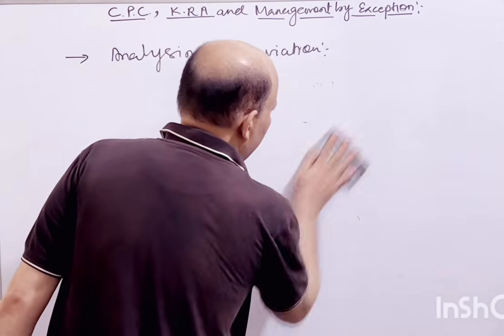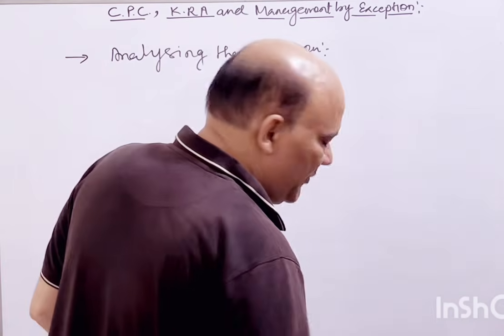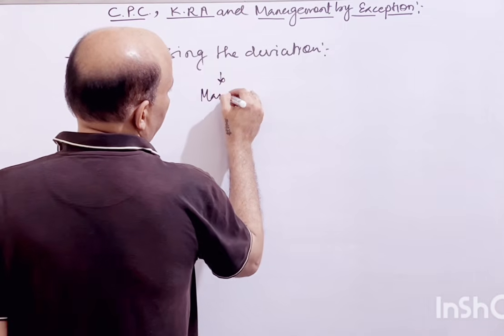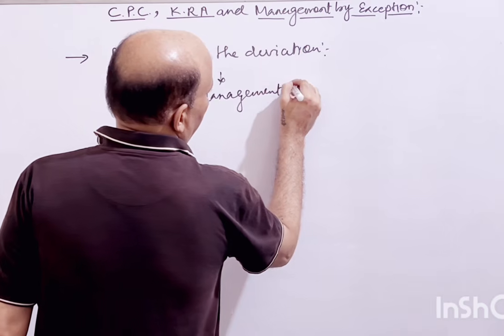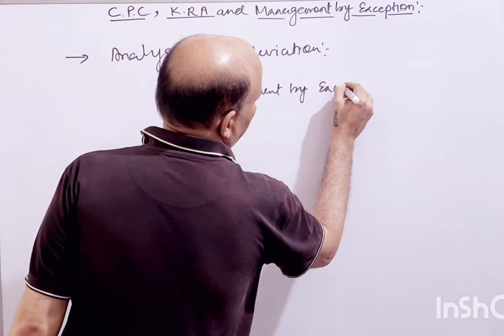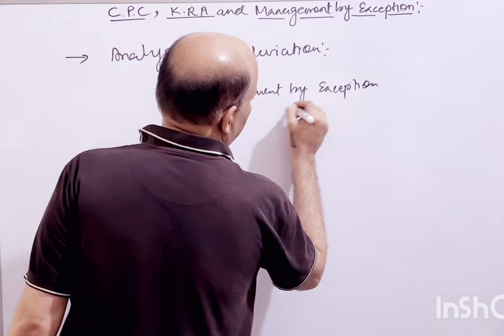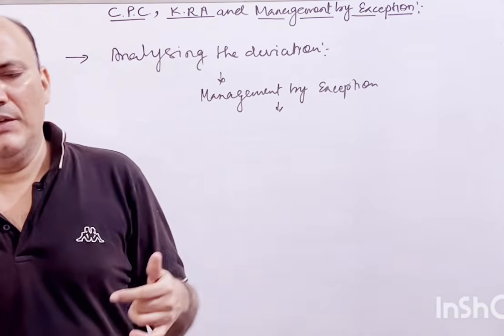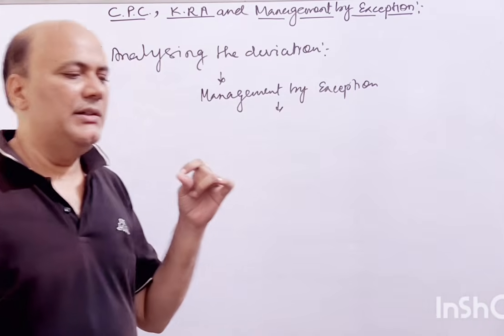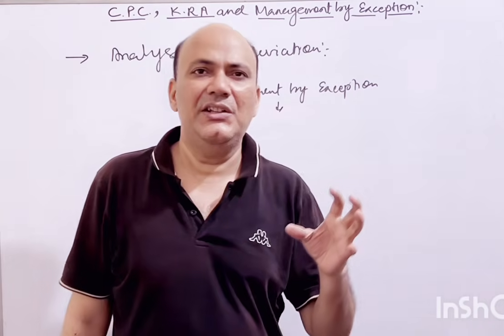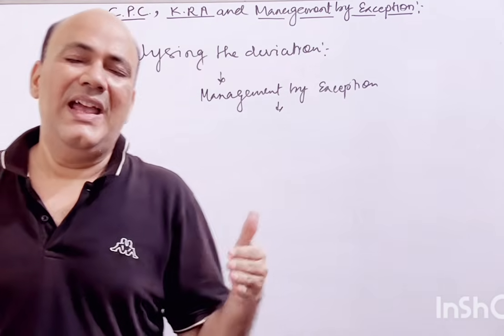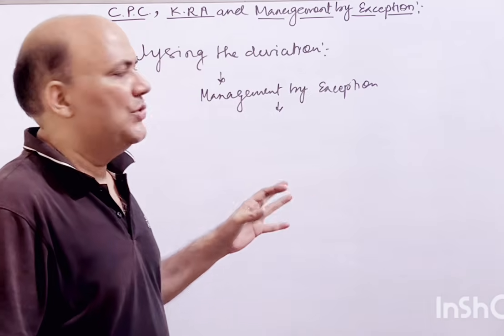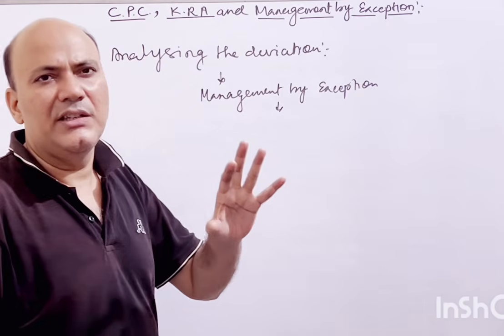Then comes management by exception. Now, what is management by exception? The other tool for analyzing the deviation is management by exception. What does this tool suggest? This is a tool in which the management says that up to a limit, the deviations are acceptable to the management, and they are not pursued by the manager.